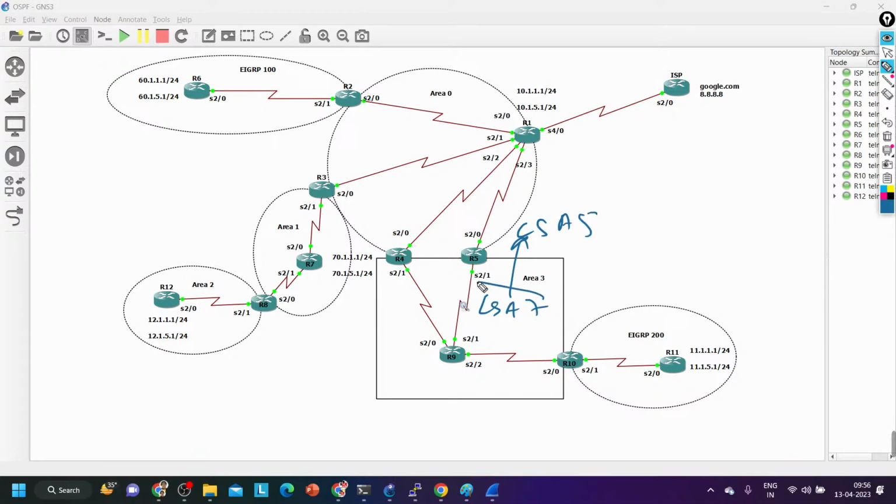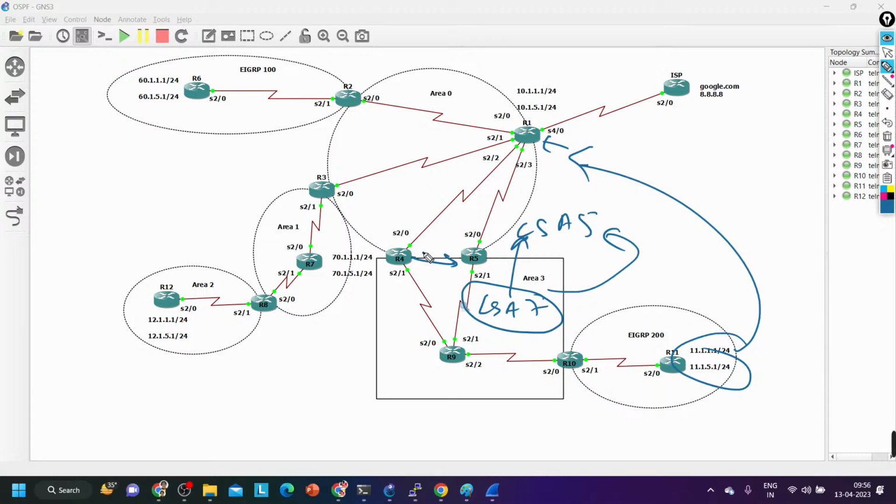Router 5 is translating LSA 7 into LSA 5. And this is how router 1 is getting these network information in the form of LSA 5. Now there are two ABR. So router who will have highest router ID, that router will translate what? LSA 7 into LSA 5. Is it clear? ABR router with higher router ID will convert LSA 7 into LSA 5.